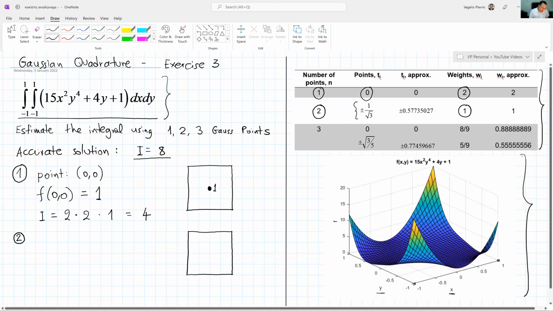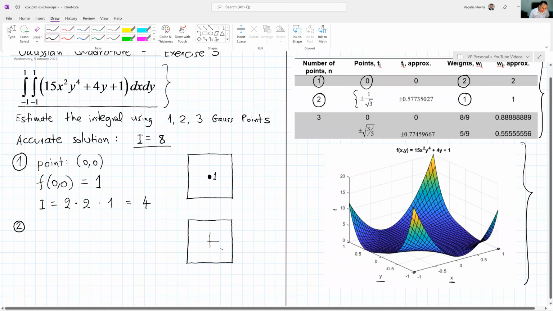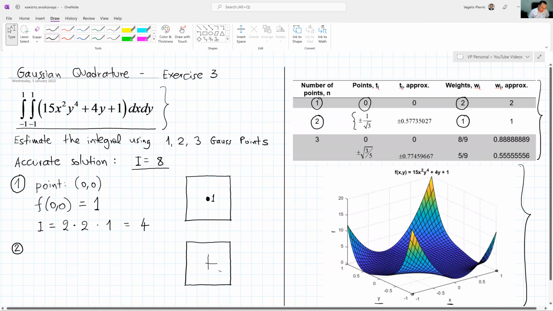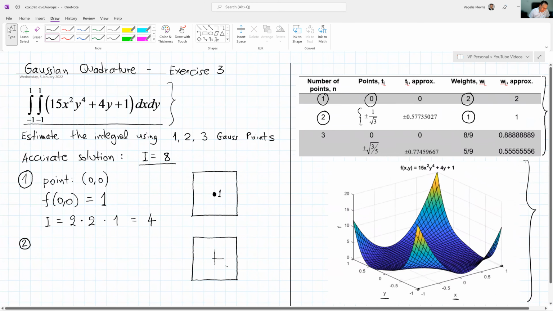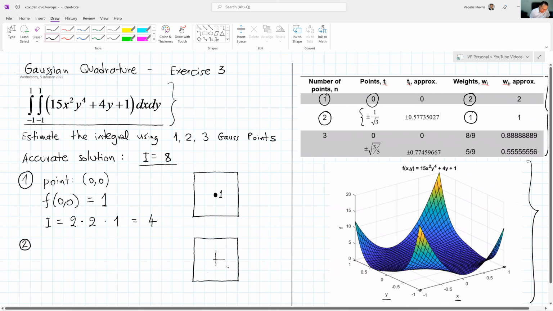So instead of using the 0, 0 point, now I have to use some other points that can be defined here. 1, 2, 3, 4. So this here, let's say, is the first point, second, third, and fourth.